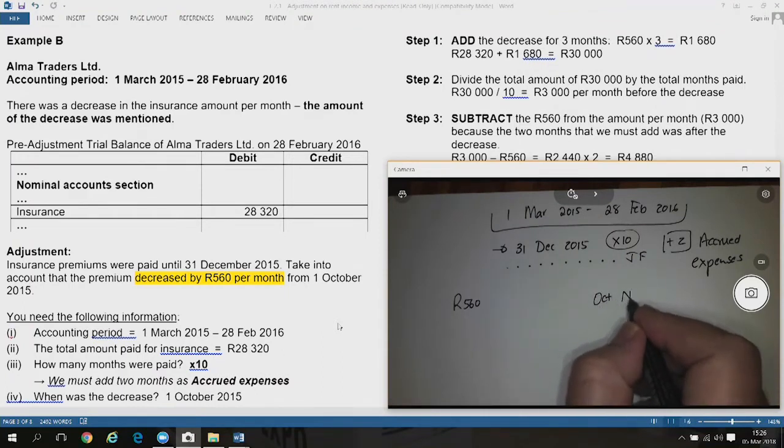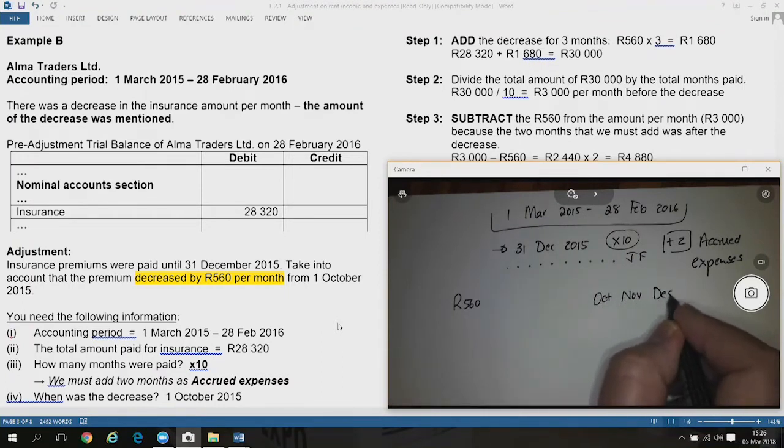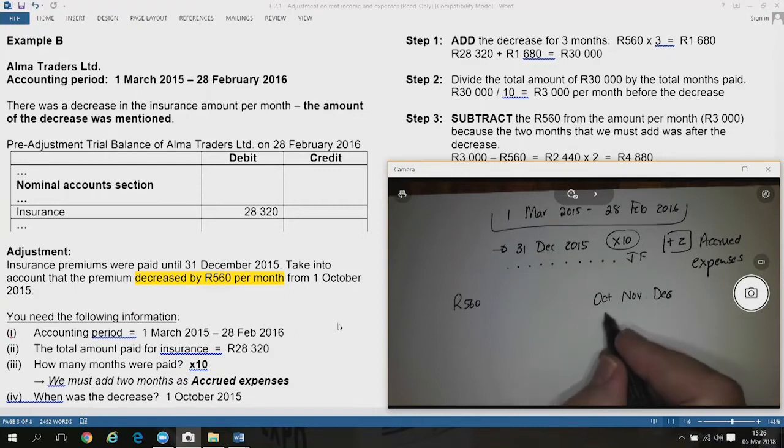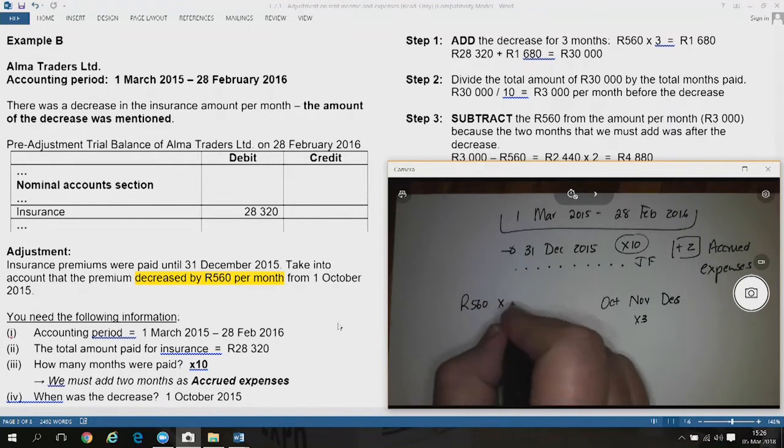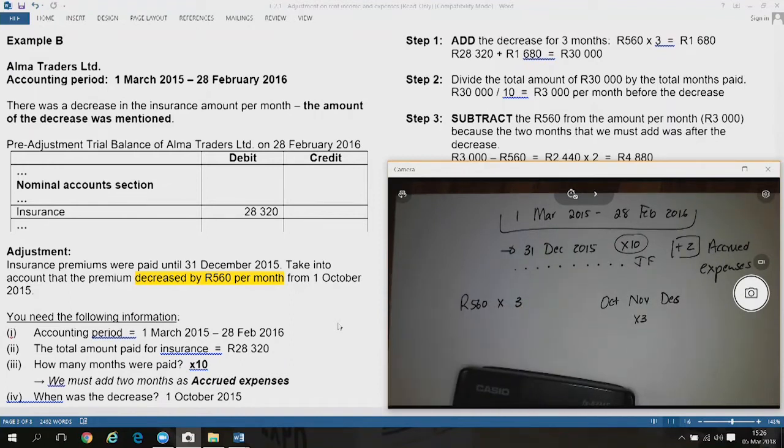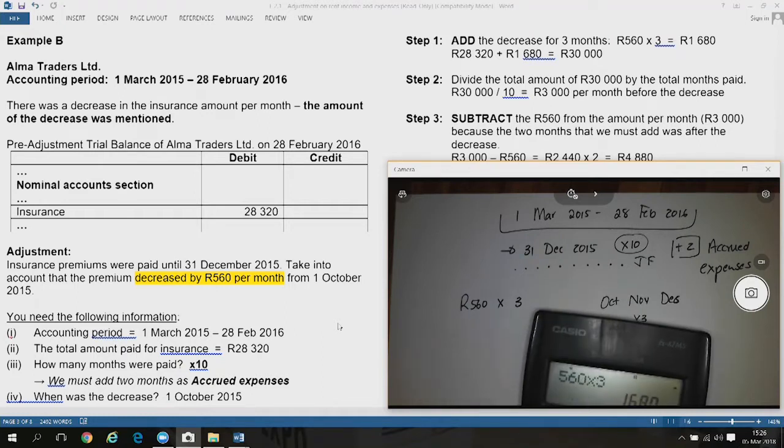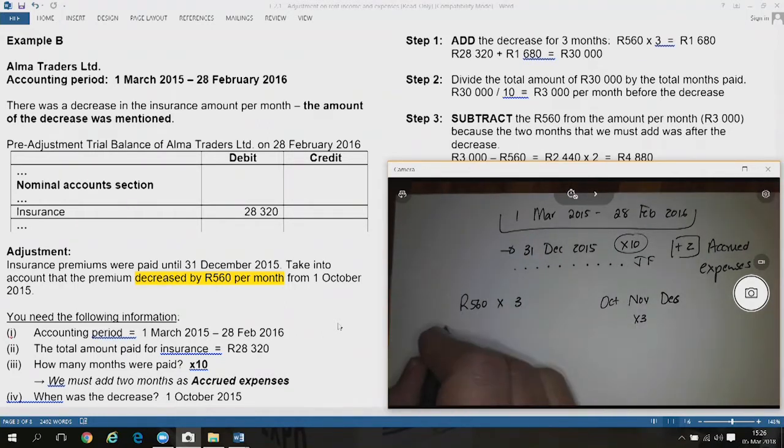October, November, and December. Only 3 months. So now you take the 560 and you times it by 3. That gives you 560 times 3. That gives you 1680.